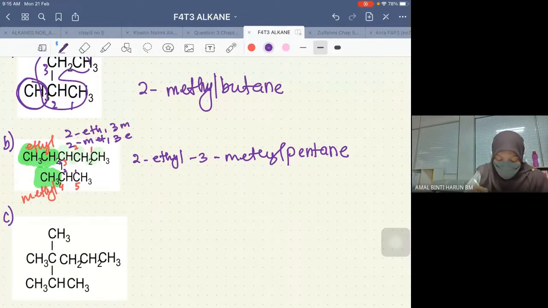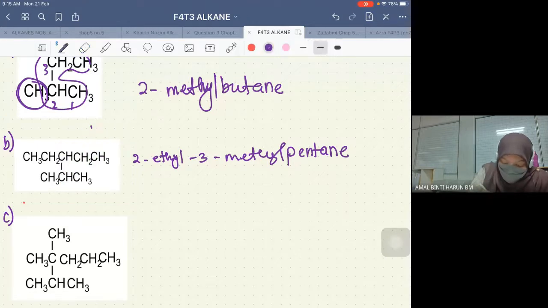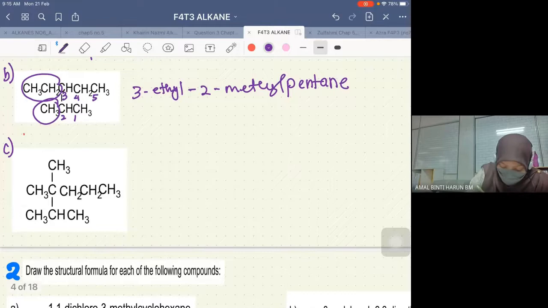Only 4. Okay. Jawapan kalian betul. Saya yang salah. 1, 2, 3, 4, 5. So this one is 3-ethyl, 2-methyl. Maafkan saya. Okay, so same goes to this one.